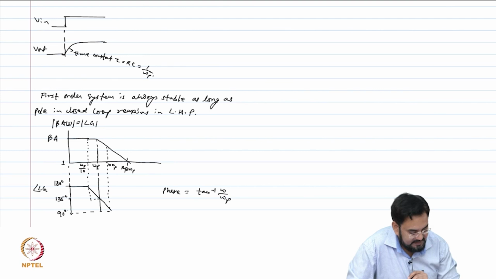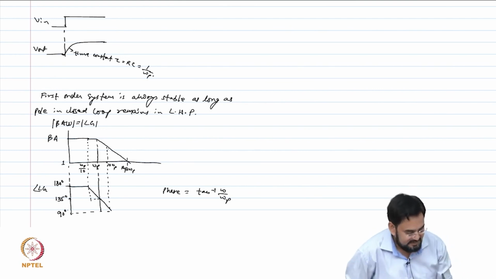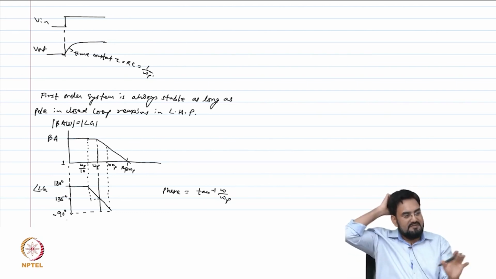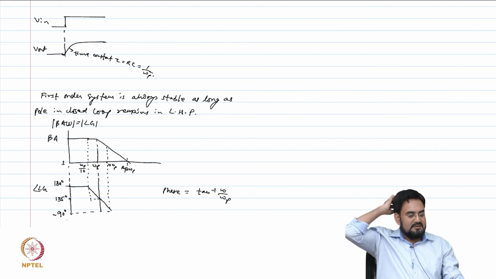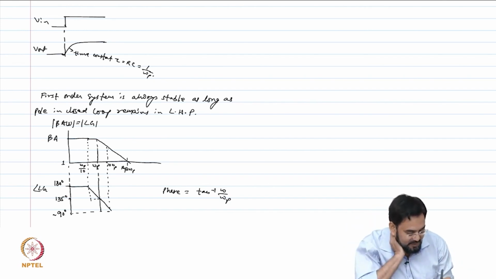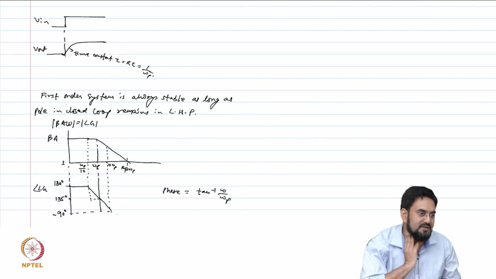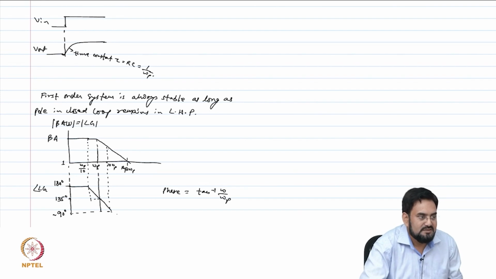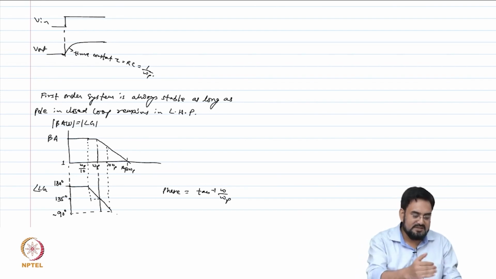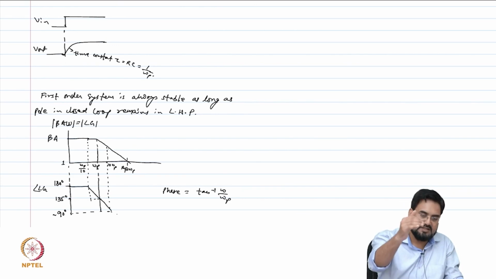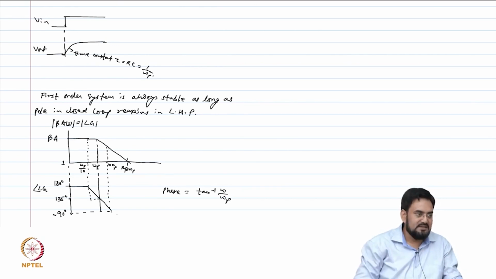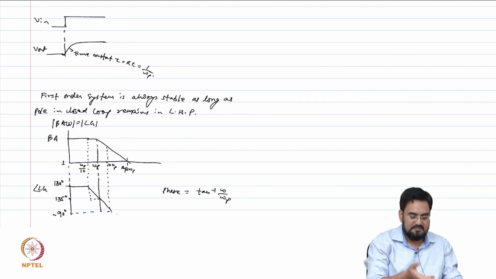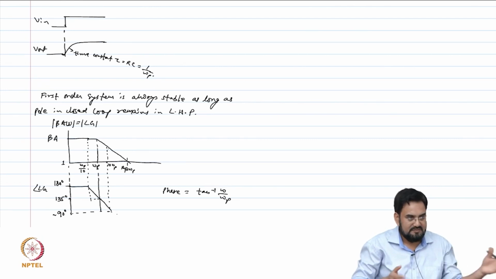And you say that this is 90 degrees. This is an approximate value, not the exact value. The 45 is very accurate, but the starting point and ending point are approximate because you are showing it on a linear curve, but it's not linear. That's why, if you don't consider the square root 2 in the gain and this 5 degree difference in the phase, you will be slightly off.